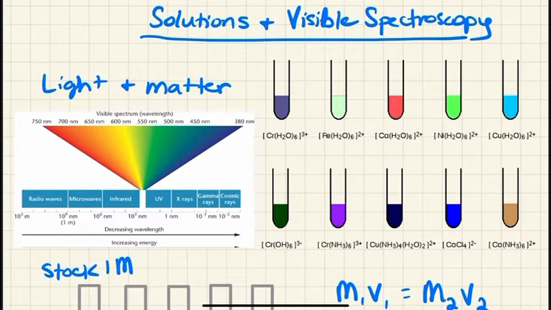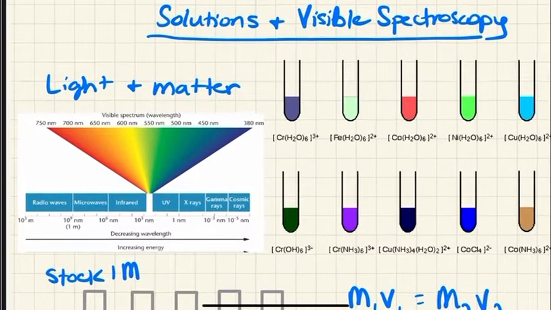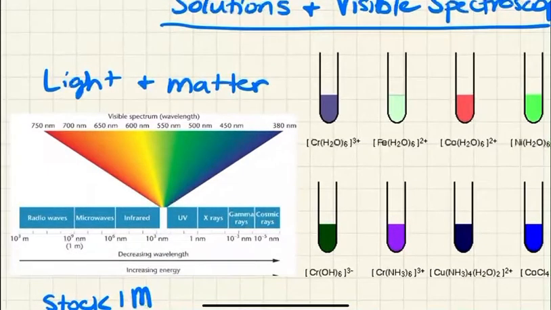A smaller wavelength is a higher energy, and a longer wavelength is a lower energy. So that means that of the visible spectrum, the lowest energy would be red, and the highest energy would be more of that deep violet color.